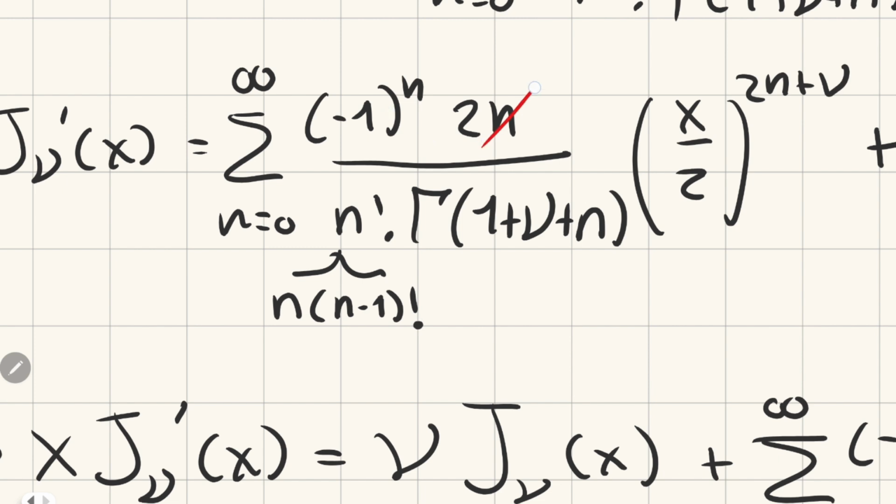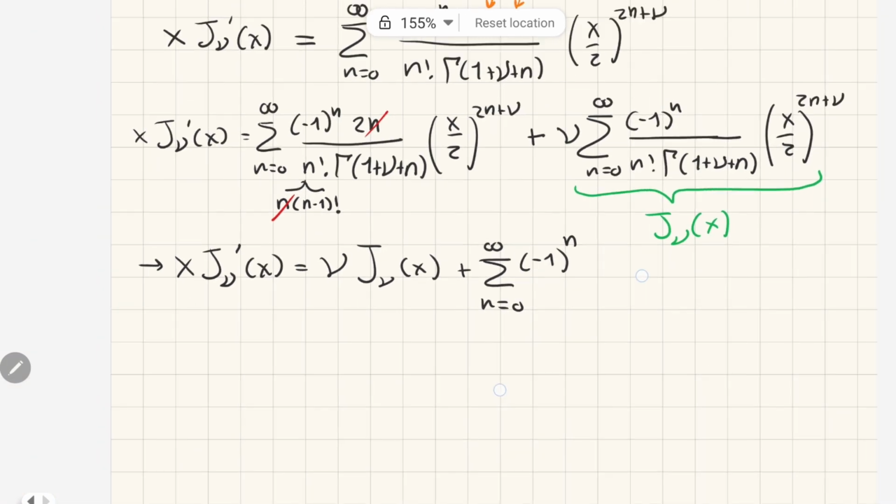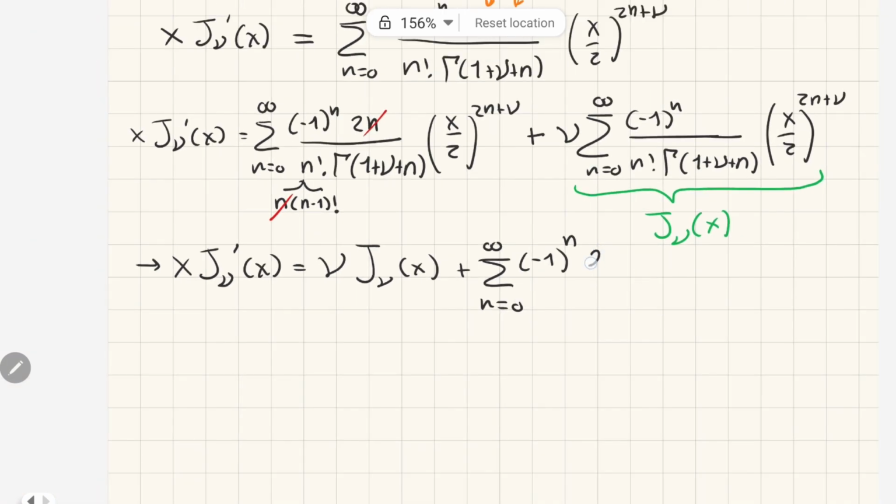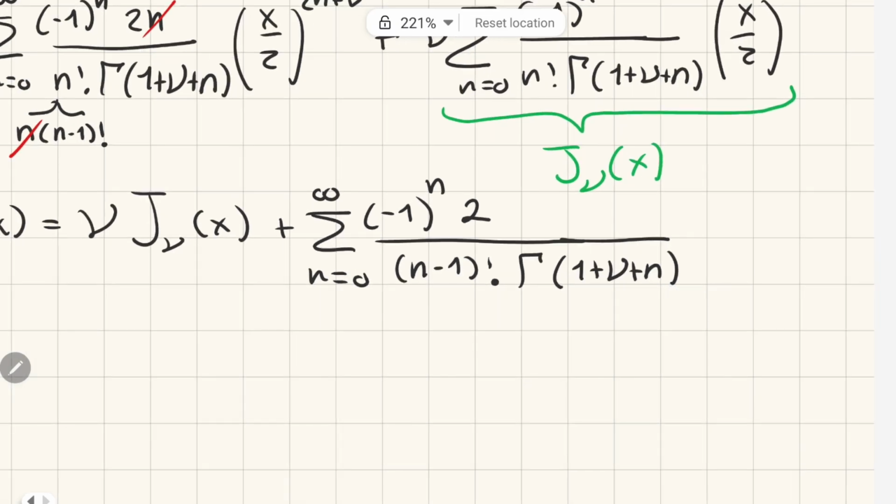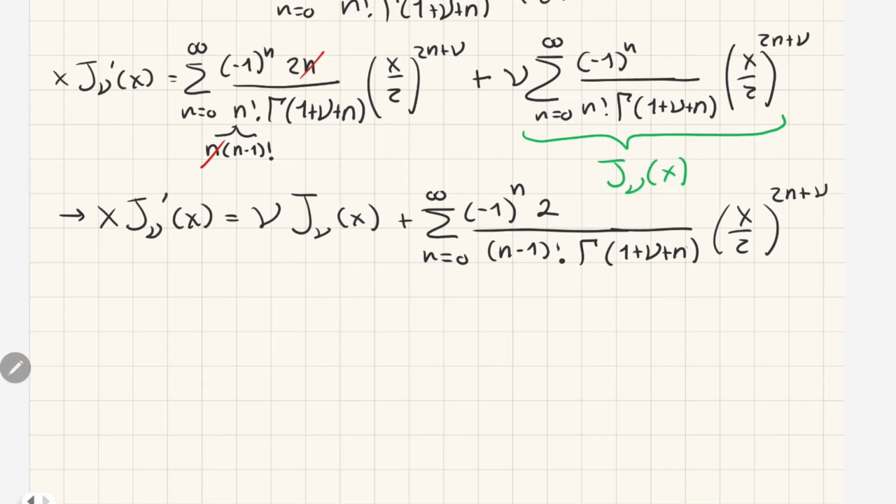So we can cancel an n with an n here. Okay, and this is going to take us to have a number 2 here, and then this is divided by n minus 1 factorial, gamma of 1 plus nu plus n, and then this multiplies x divided by 2 to the 2n plus nu. Perfect.